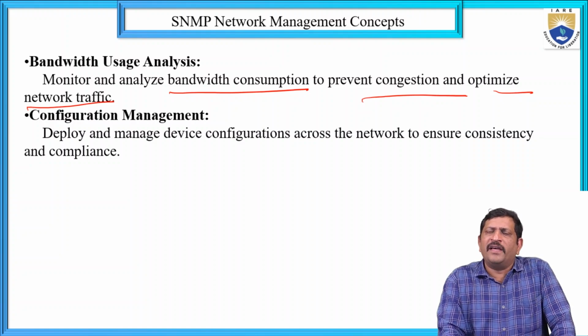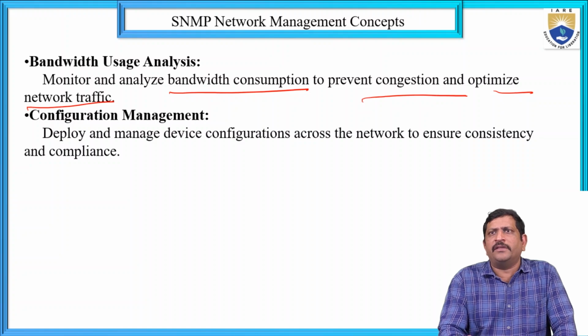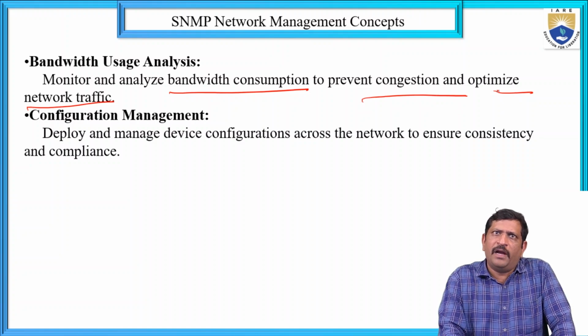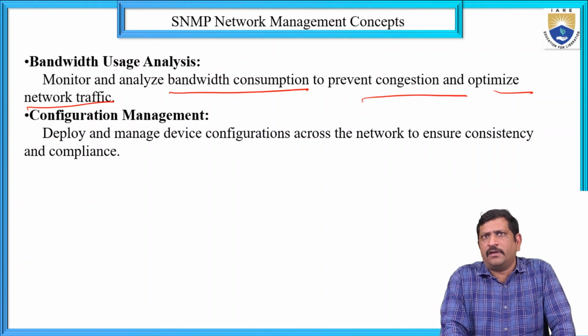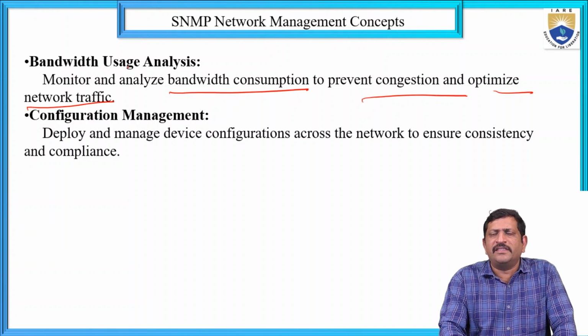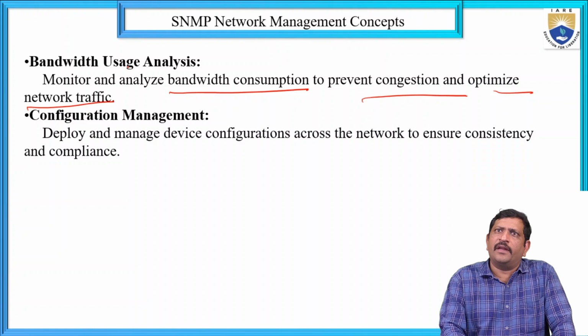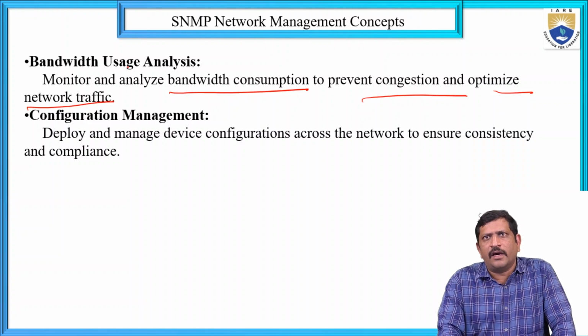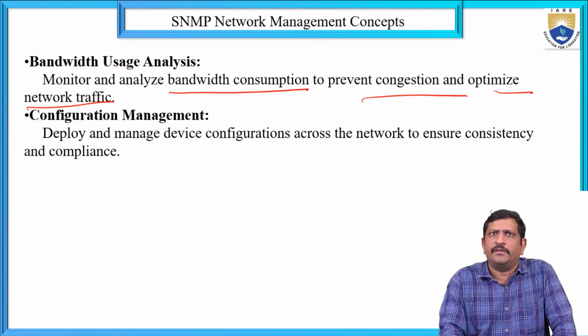Optimizing means we are minimizing network traffic by including bandwidth usage analysis. The more the bandwidth, the more we can reduce the traffic. If the bandwidth is less, congestion will generally happen.